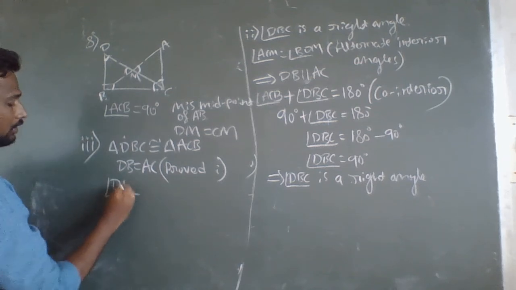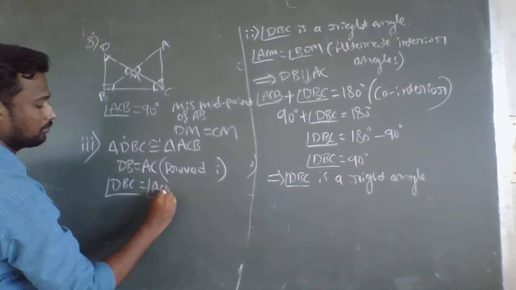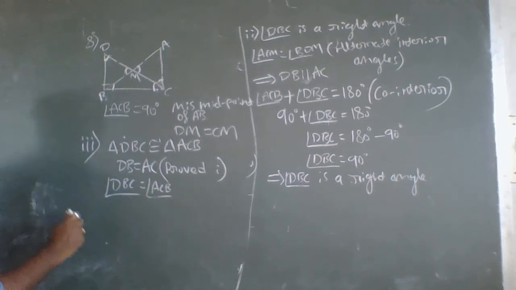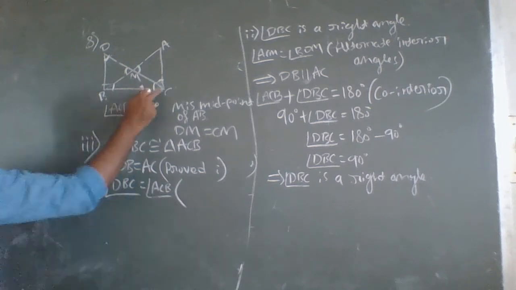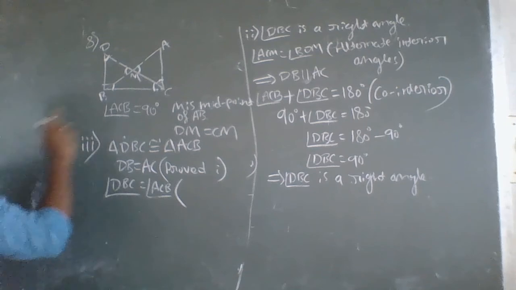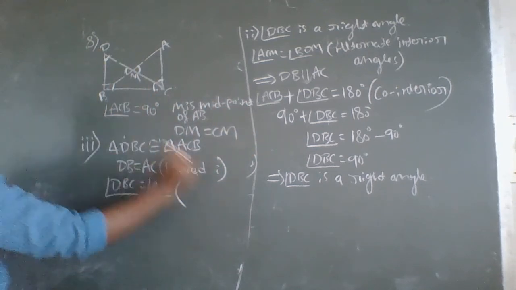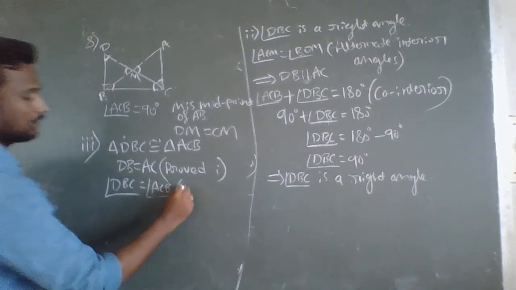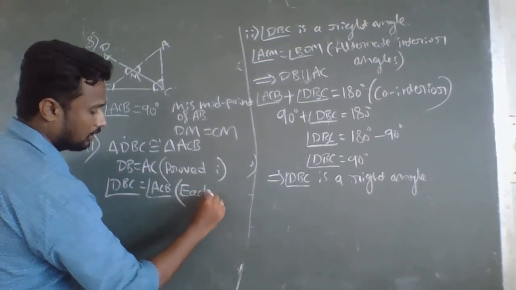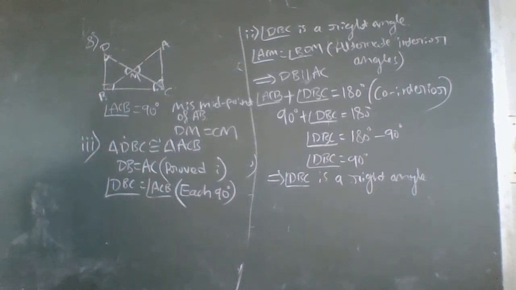Here each angle is 90 degrees. They have given angle ACB is 90 degrees, and in the second question we calculated angle DBC, which is a right angle, meaning 90 degrees.